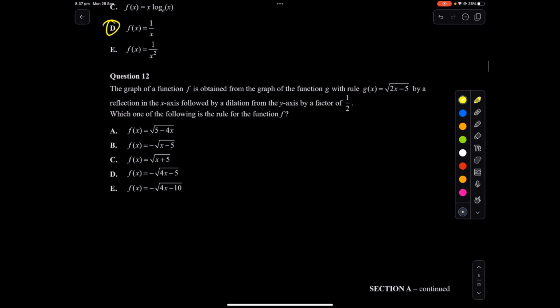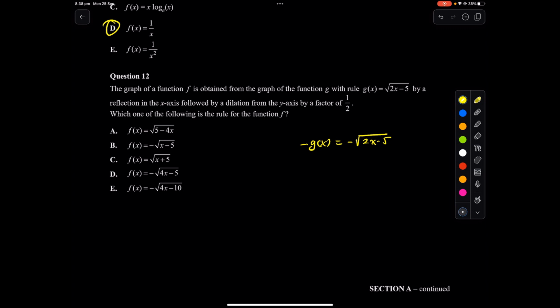Question 12. The graph of the function f is obtained from the graph of g with the rule this by a reflection in the x-axis. So if we're reflecting it in the x-axis, it'll become negative g of x. It'll be negative 2x minus 5. Followed by dilation from the y-axis by a factor of t.